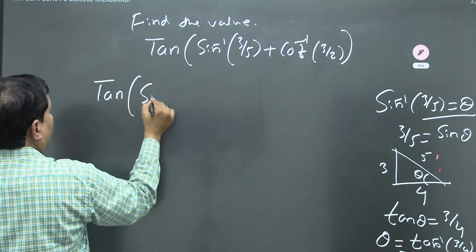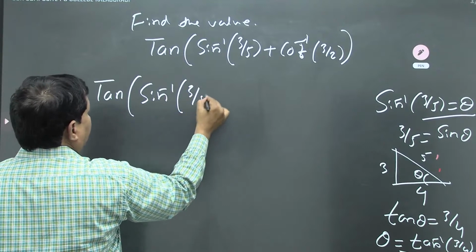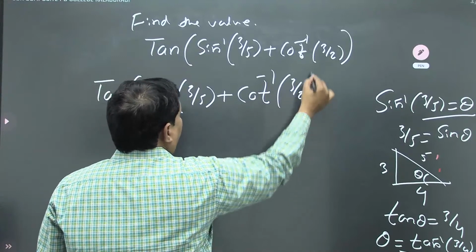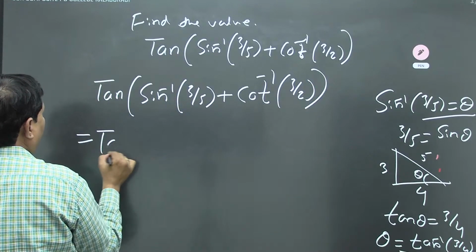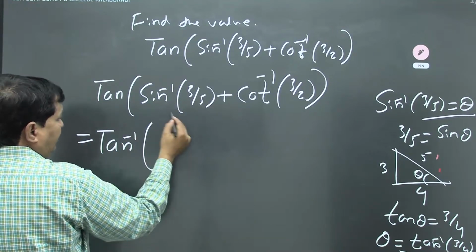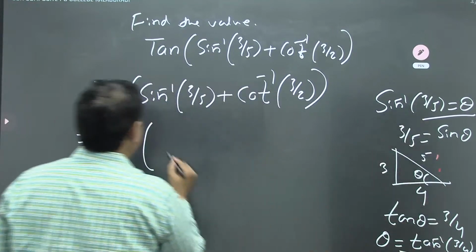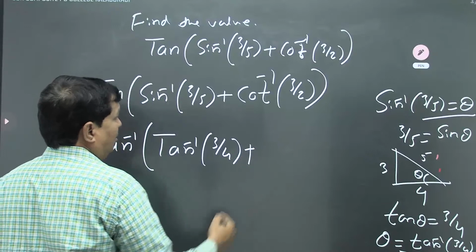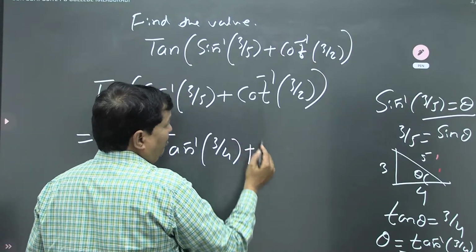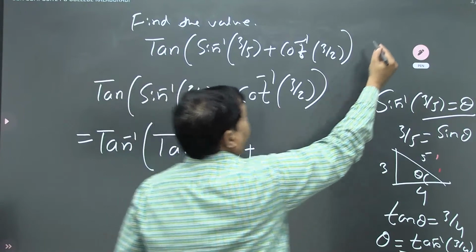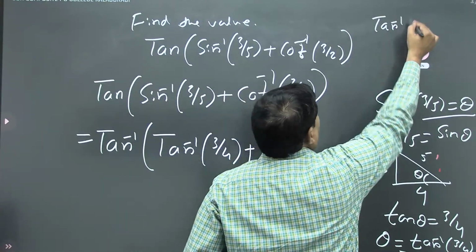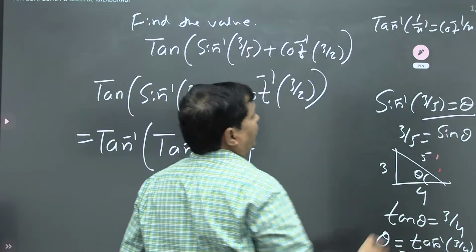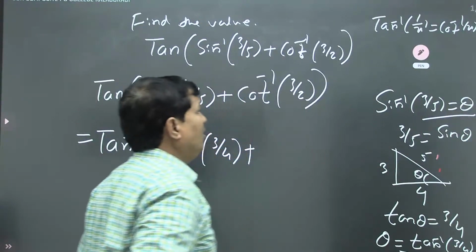Tan of sine inverse of 3 by 5 plus cot inverse of 3 by 2 equals tan of tan inverse of 3 by 4 plus, is there any relation connecting with cot inverse of x? As you know, tan inverse of 1 by x equals cot inverse of x, or cot inverse of x can be written as tan inverse of 1 by x.